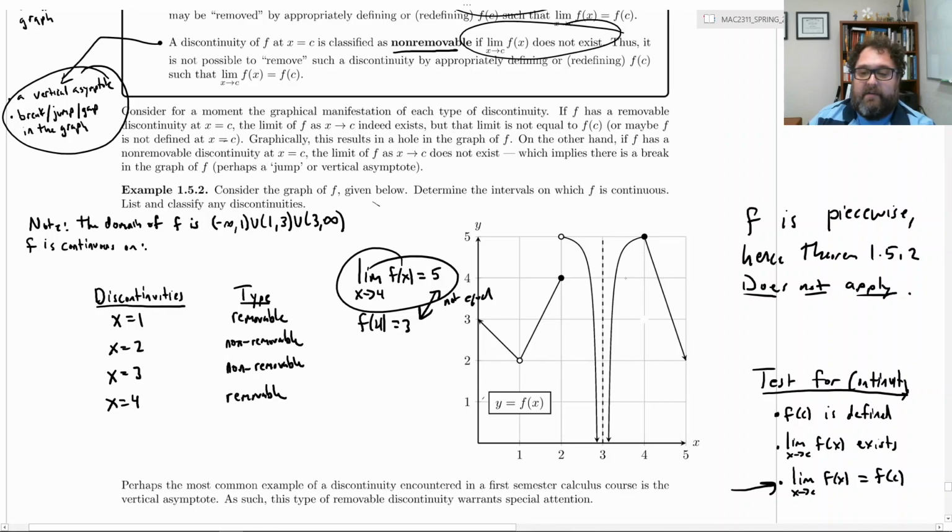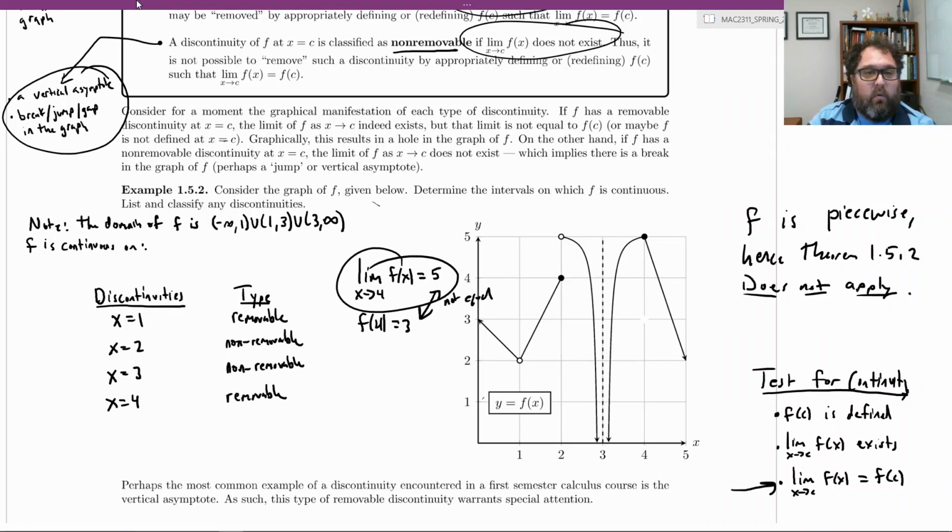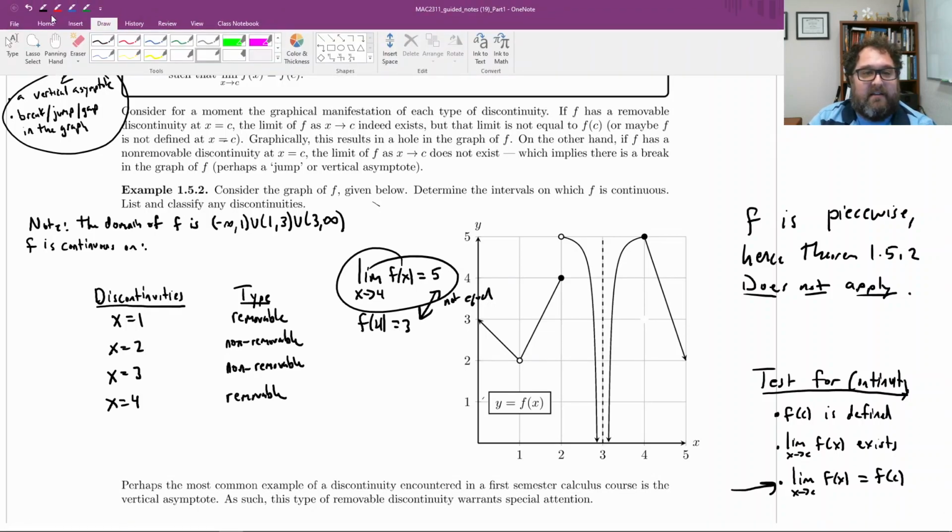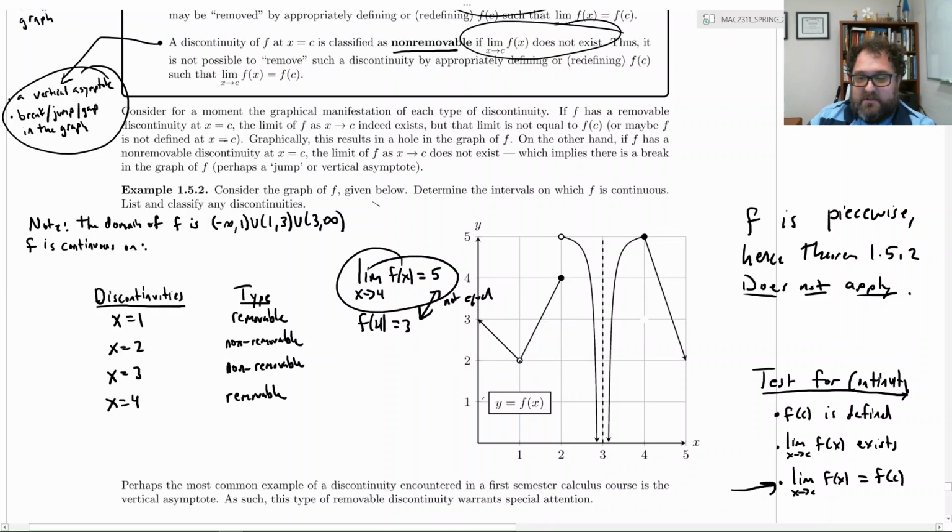And then at x equals 1, we also said that was removable, and so if we wanted to, we could redefine that function such that it simply has a dot there so that it is defined. Okay, so that's what it means to be removable. You can remove the discontinuity by a simple redefinition of the function. So those are called removable discontinuities at 1 and 4.